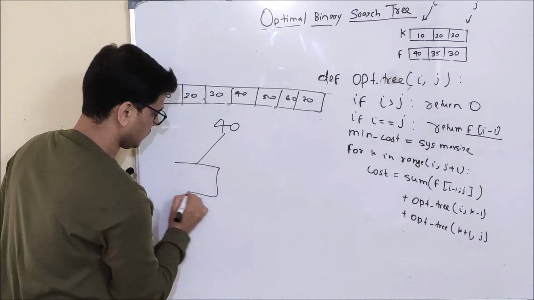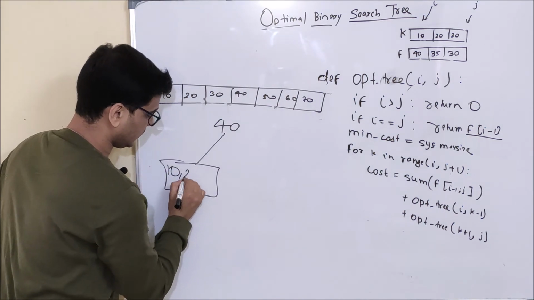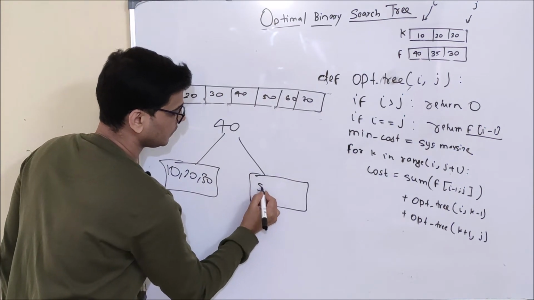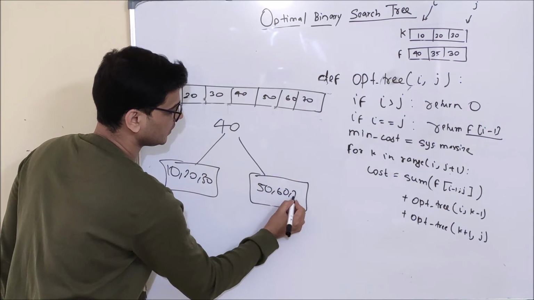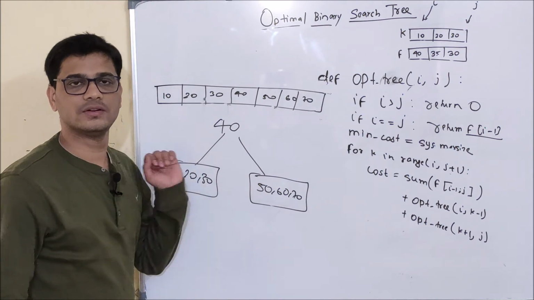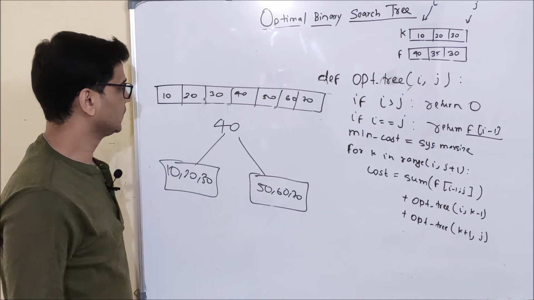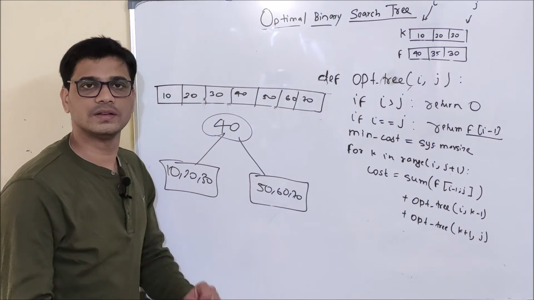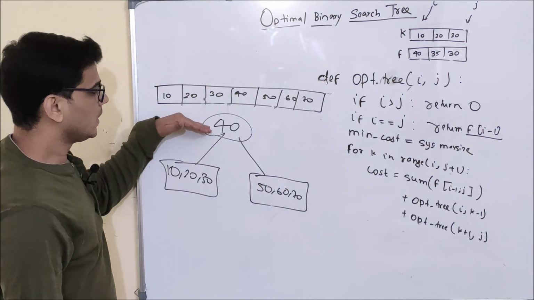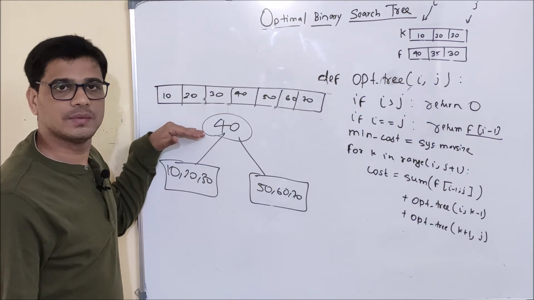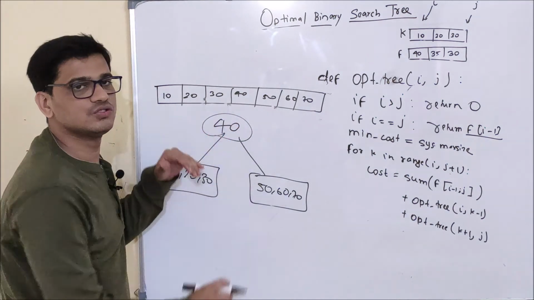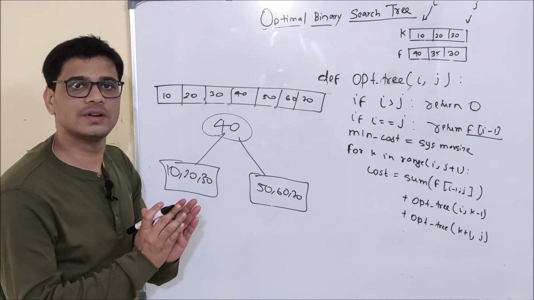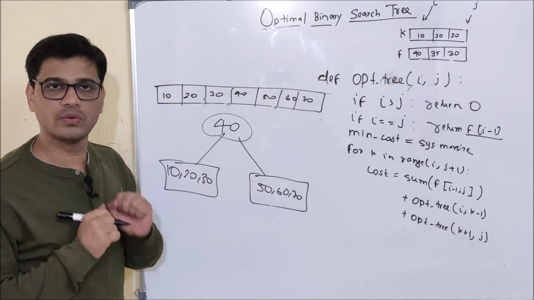Then 10, 20 and 30 will come here, and 50, 60 and 70 will go in the right subtree. Now suppose I am searching for 20. What will I do? First I will check whether this is 20 or not. And how many times will I do it? I will do it 4 times, the frequency of 20.